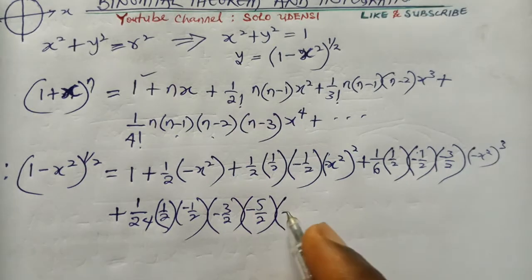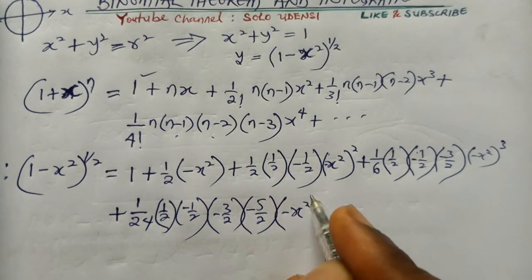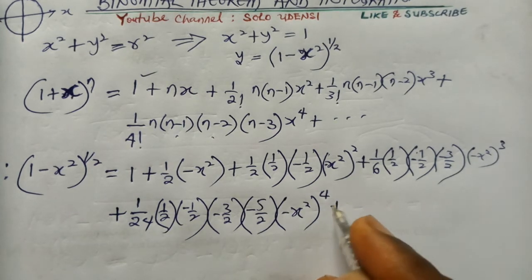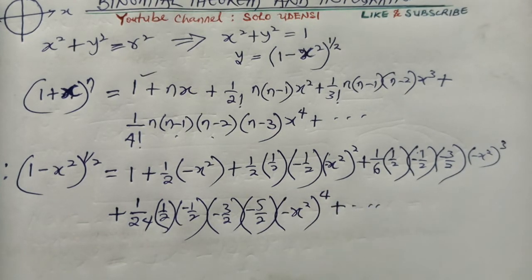Then x is minus x squared. We are replacing x in that binomial formula, and so forth and so on. So we have how many terms now? 1, 2, 3, 4, 5 terms.